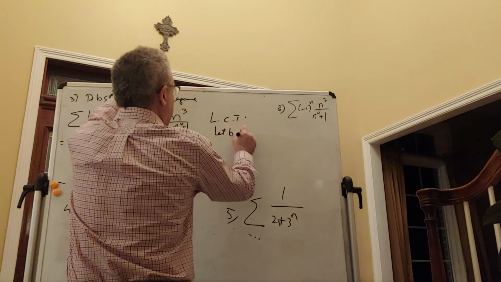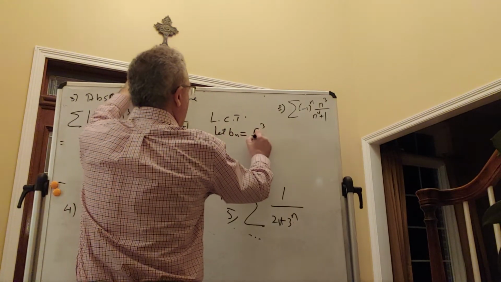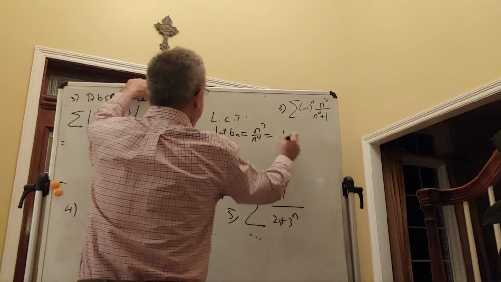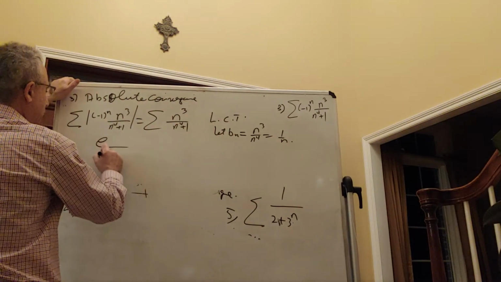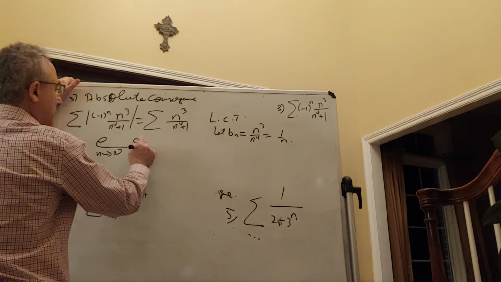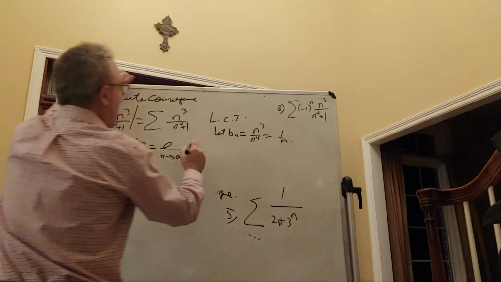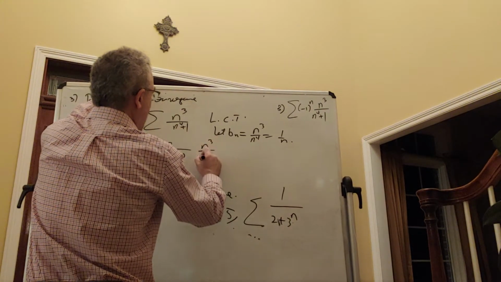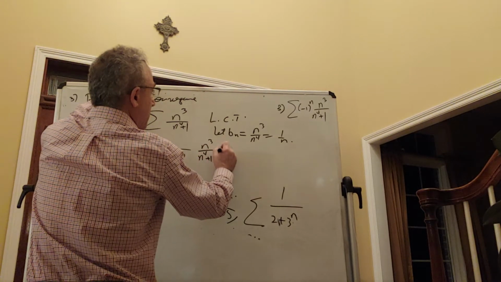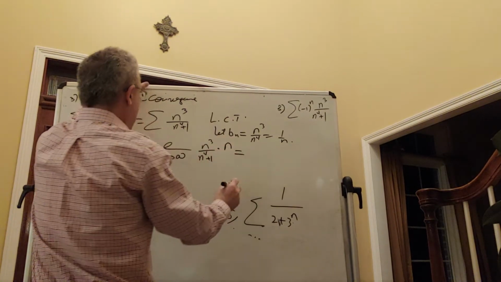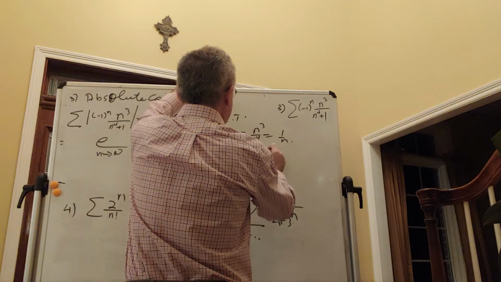Let bn be n cubed over n to the fourth, that is 1 over n. So the limit as n goes to infinity of n cubed over n to the fourth plus 1 times n is 1, bigger than 0.